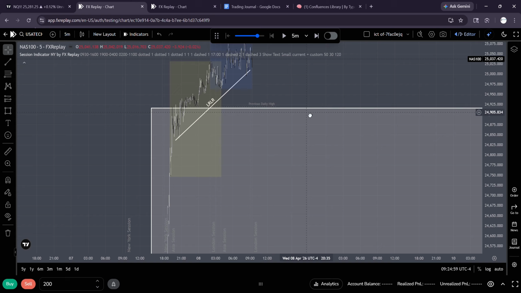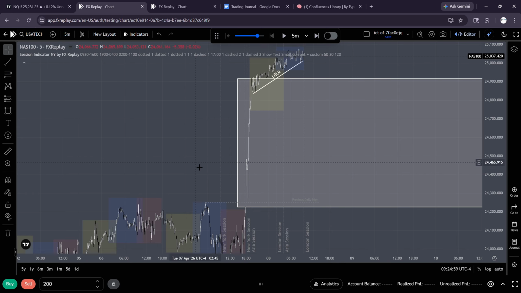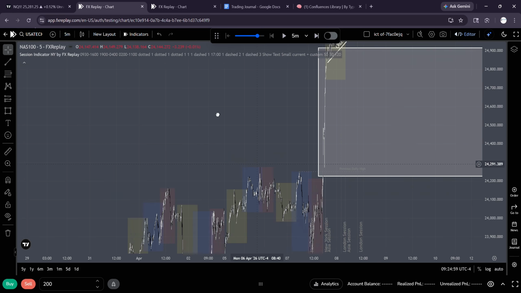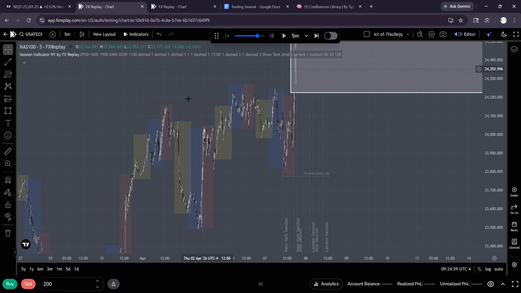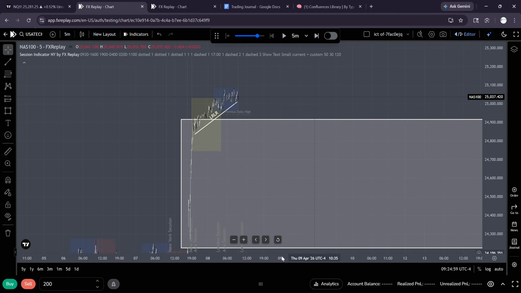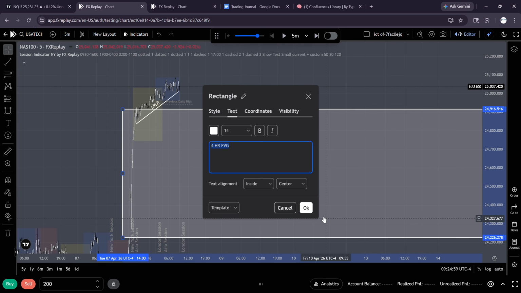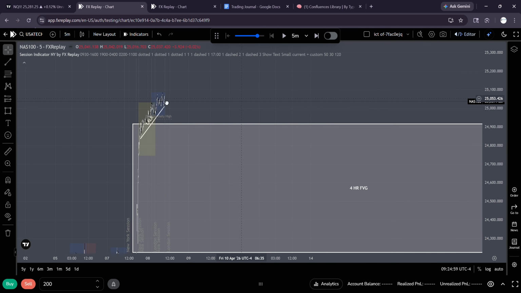So for Wednesday, Asia session really just shot up over 1,000 points, took out every single draw on liquidity. We were also consolidating in this range for a couple of days as well. That completely changed. Every single draw on liquidity was taken. But what did happen was a new 4-hour gap was created here.